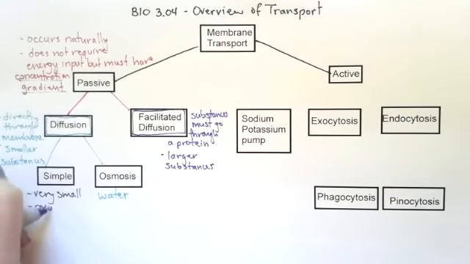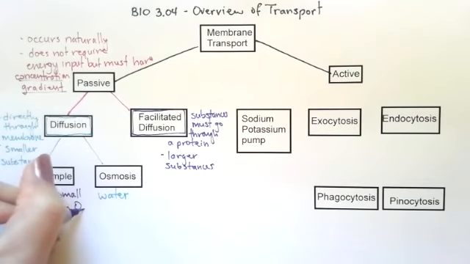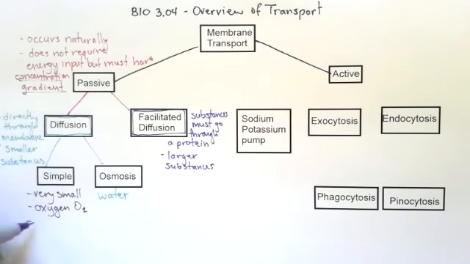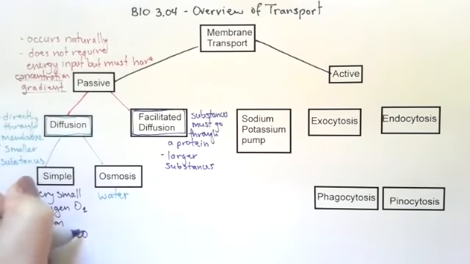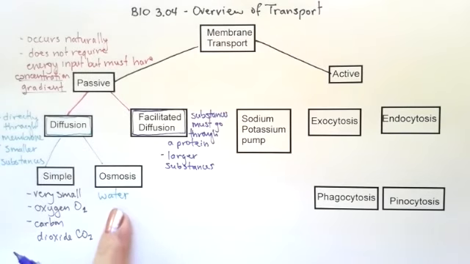So we have to have oxygen, and we write oxygen as O2, and we have to get rid of carbon dioxide, CO2. And these guys are small enough, they can just go right through the membrane, which is good because we need that to happen. So if it's water that's diffusing, we call that osmosis.